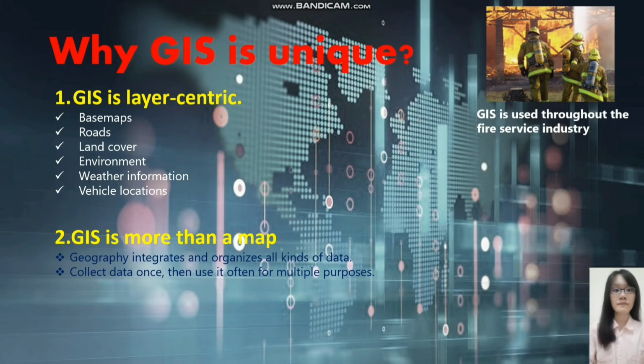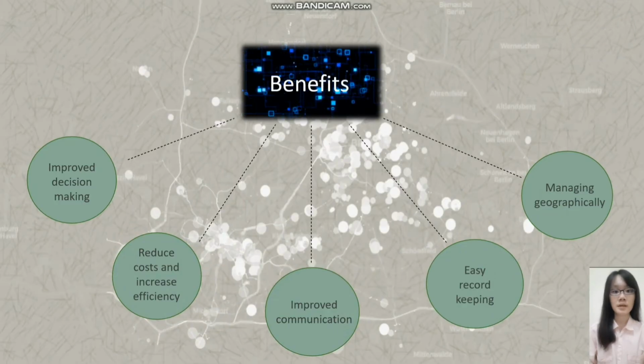There are some benefits of GIS. First, improved decision making. Decisions are made easier because specific and detailed information is presented about one or more locations. Second, reduced cost and increased efficiency, especially regarding maintenance schedules, fleet movement, or scheduling timetables.